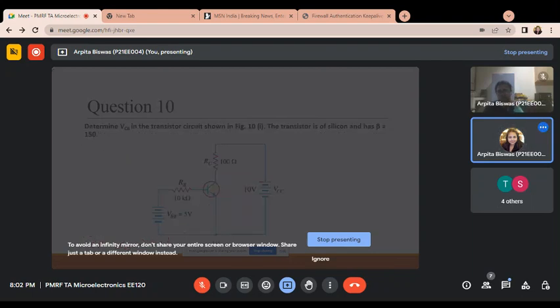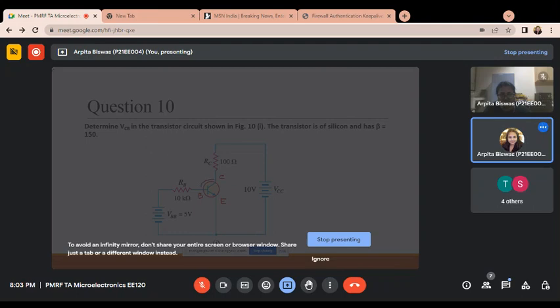So this is the next question, question number 10. Determine the VCB in the transistor circuit shown in figure 10, and the transistor is silicon and has beta value 150. So beta value is given, you have to find out the VCB. So this is the collector side, emitter, this is the base. So which voltage is VCB? That portion.